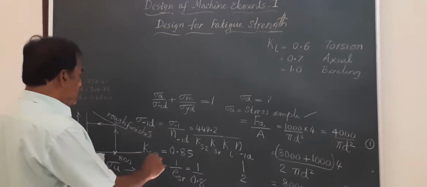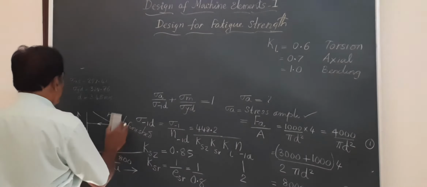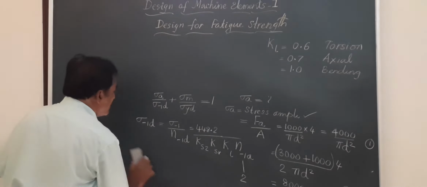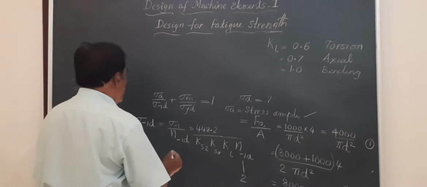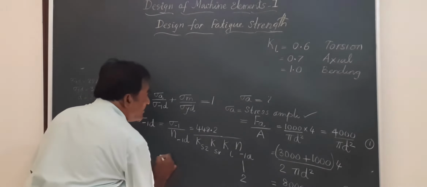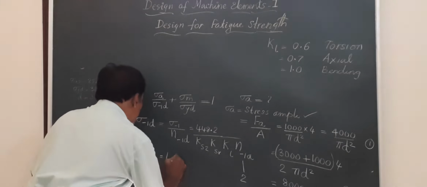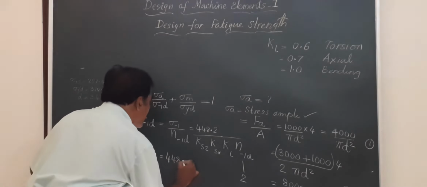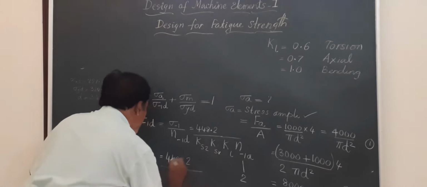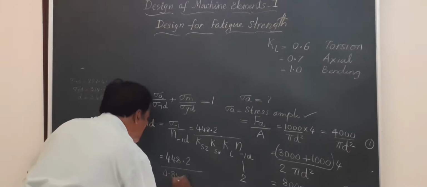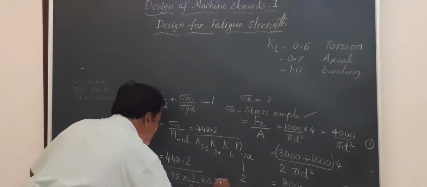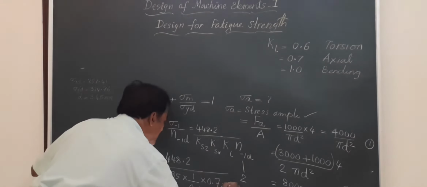Friends, with all these values, let us see how to get the value of sigma minus 1d. So I am going to substitute the value sigma minus 1. The value was given as 448.2 divided by KSZ is 0.85, KSR is 1 by 0.8, KL for an axial load is 0.7, given factor of safety is 2.